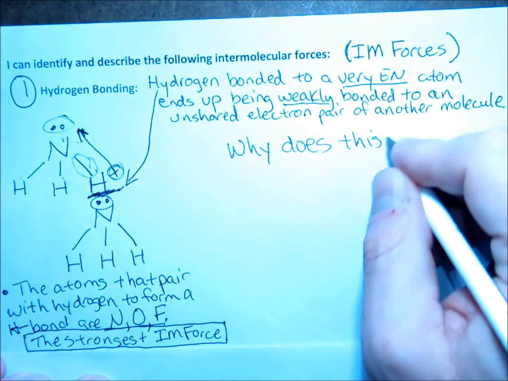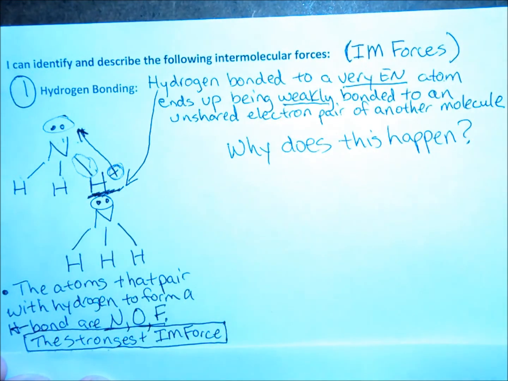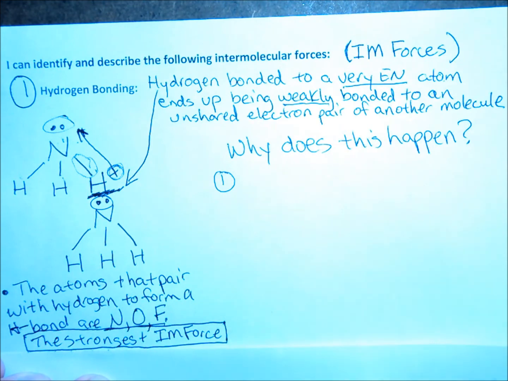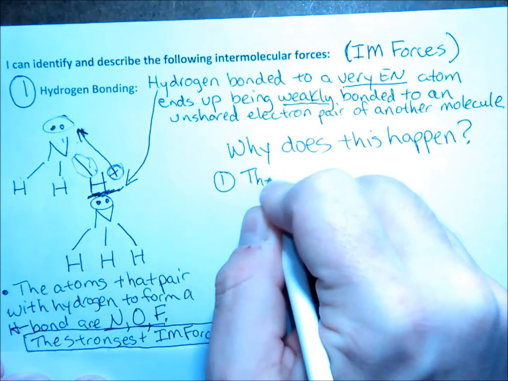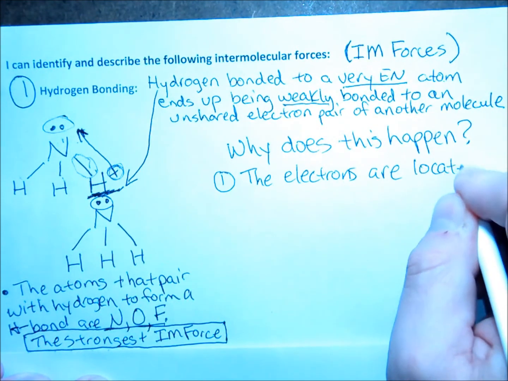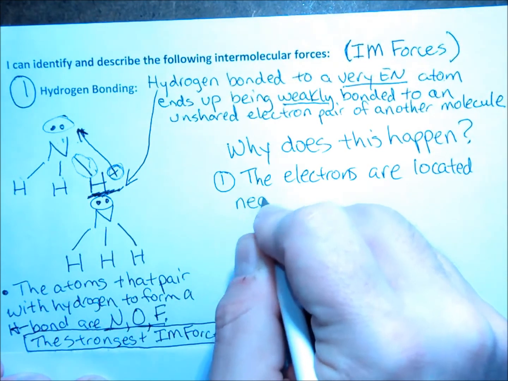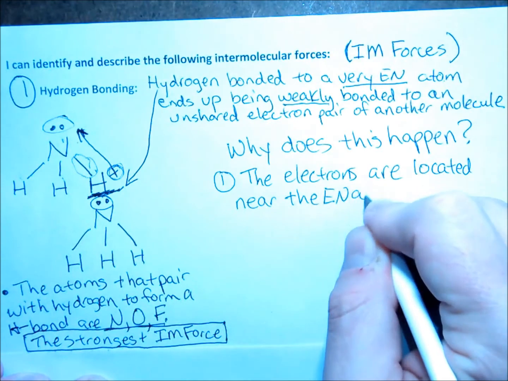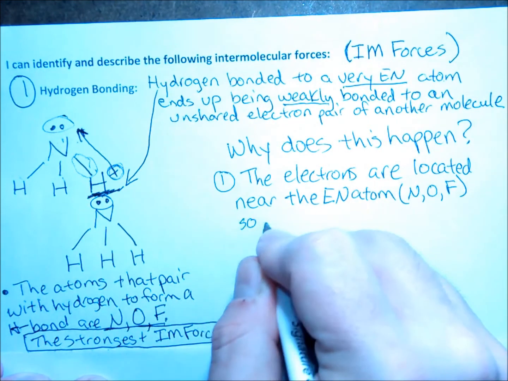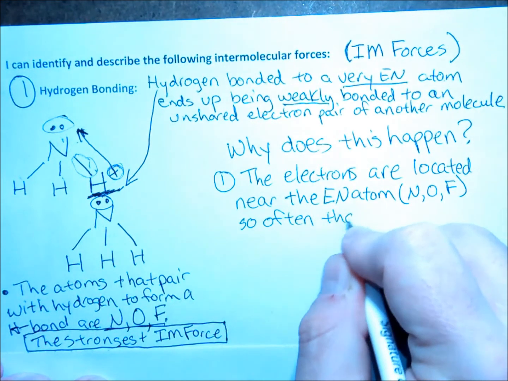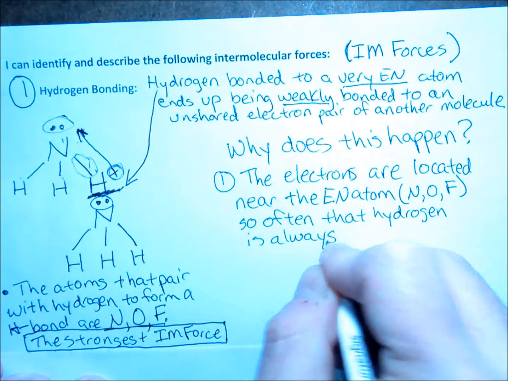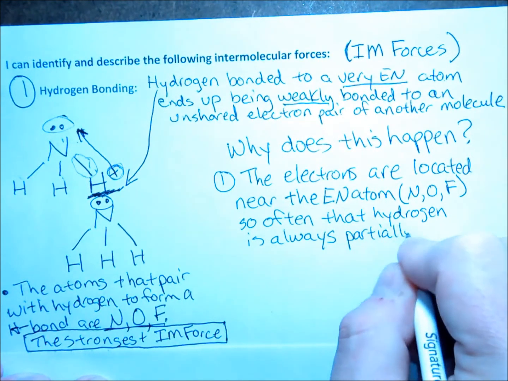Now I just wanted a couple things about why this happens. There are two reasons here. Number one, the electrons are located near the electronegative atom, nitrogen, oxygen, or fluorine, so often that hydrogen is always very partially positive.